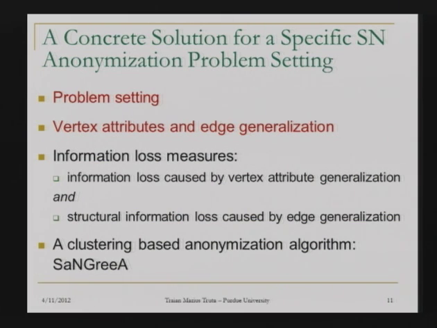Then we will discuss some information loss measures, because it's not enough just to create an anonymized social network. You also need to provide some utility in this social network, so you want to have some information loss measures. And then, briefly, I will mention an algorithm to create this anonymized social network called Sangria.